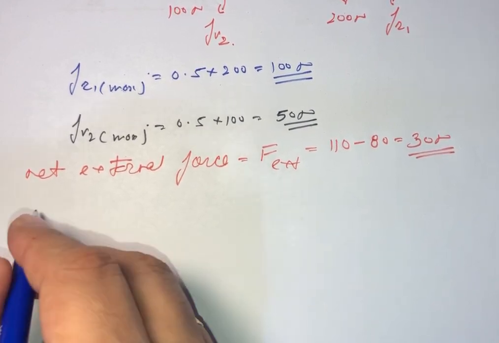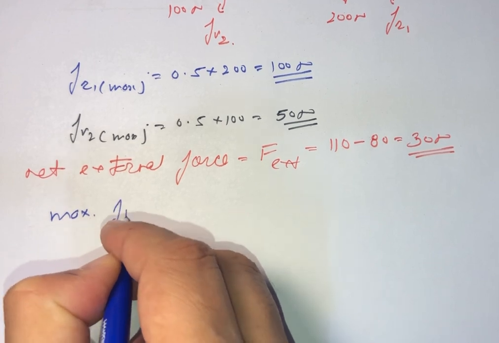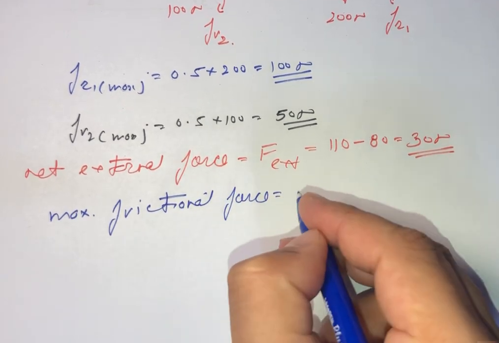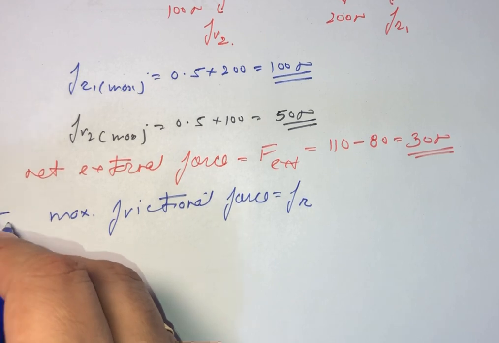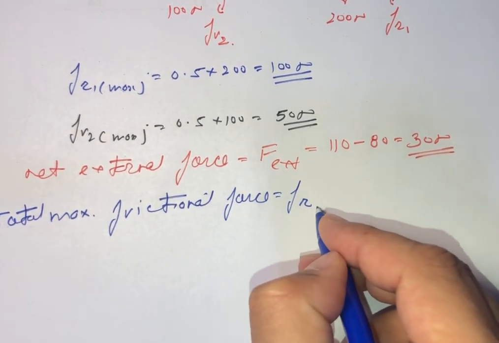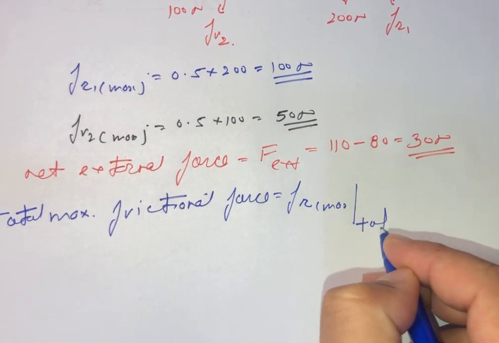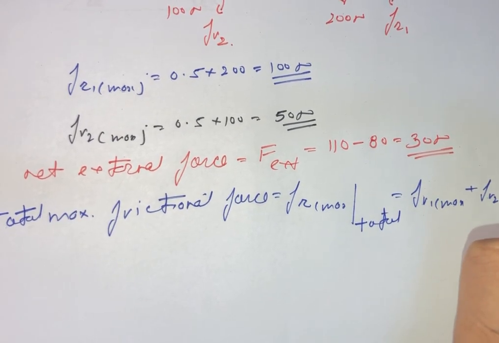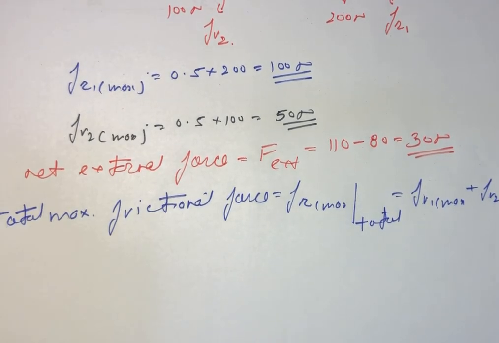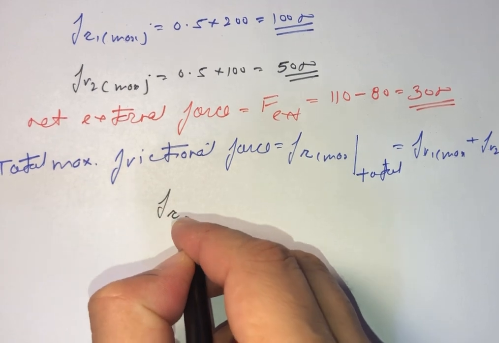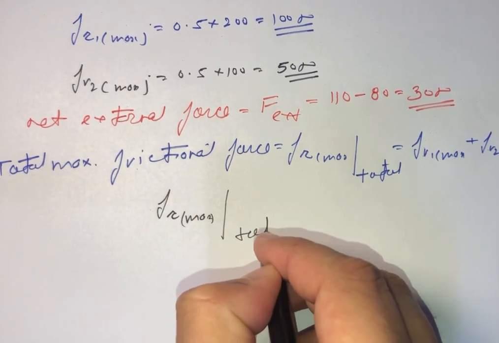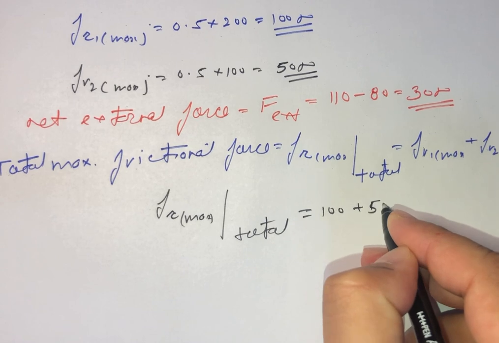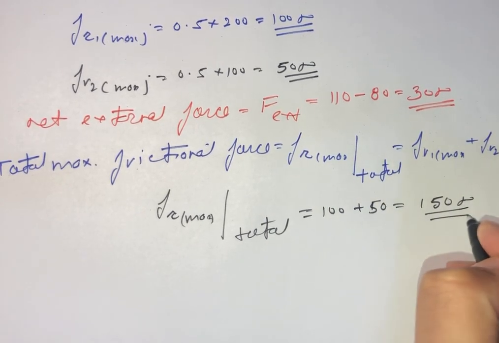Okay, so we can say that maximum frictional force, let us say that is FR max total, that will be equal to FR1 max plus FR2 max, and so we get this as FR max total will be equal to 100 plus 50, which will equal 150 Newton.